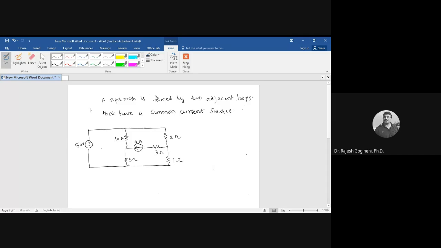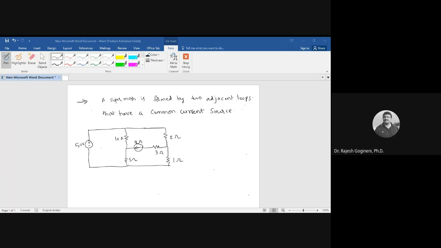How many loops are there? Is the circuit visible? How many loops? Three loops.